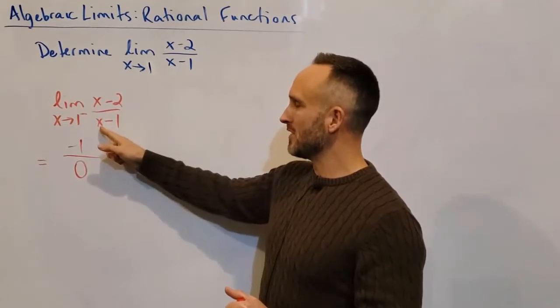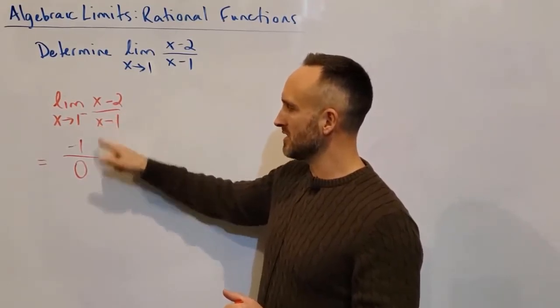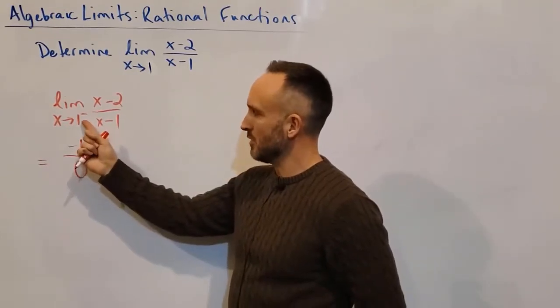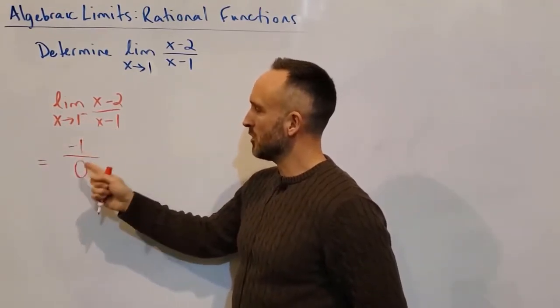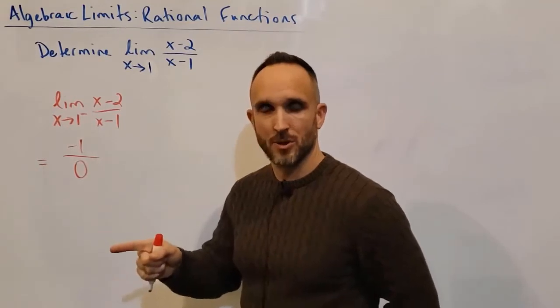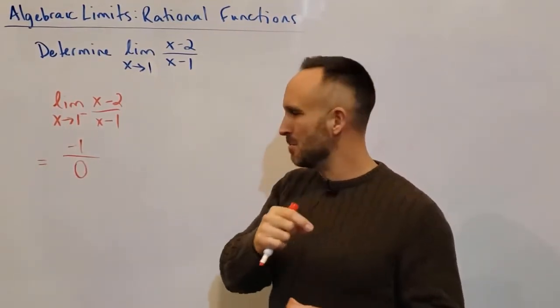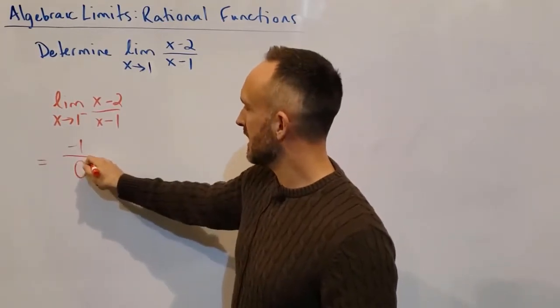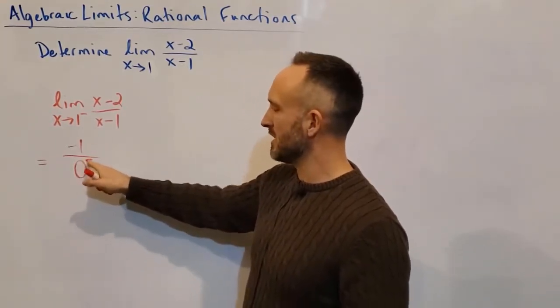And you can imagine that the closer this gets to 1, the closer this is going to get to 0. But the key is, if you plug in numbers less than 1, then when you subtract, you're going to get a negative number that's close to 0. A negative tiny number. So you might indicate that with a superscript of a negative. So you get a number close to 0 that's negative.